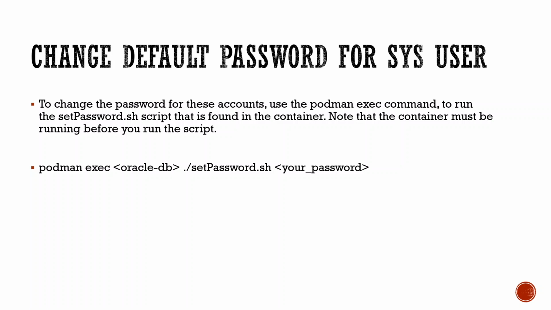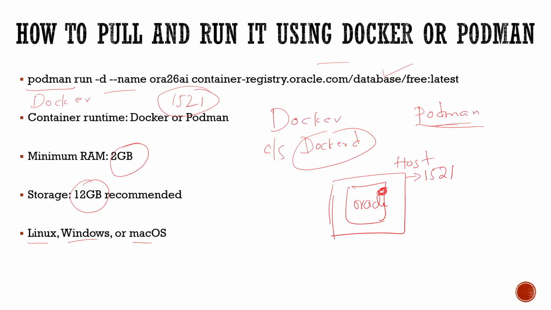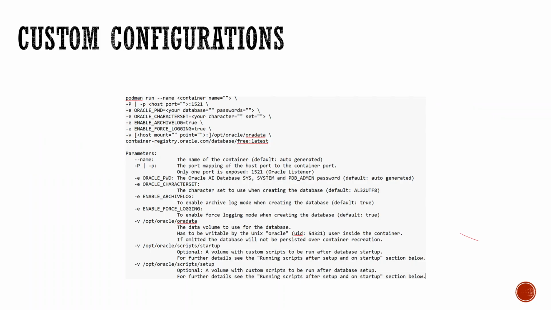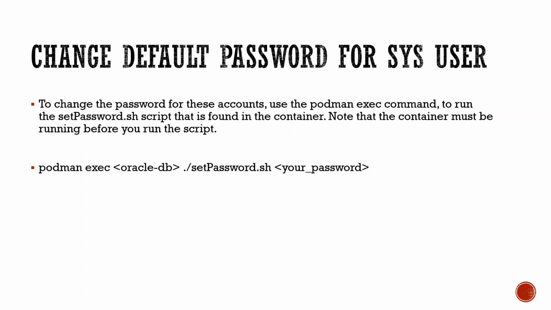In case you use the default way of installing, you can see that there is no option to provide the password. In that situation, you can use the command to change the default password for the SYS user. With custom configuration, you can have this particular parameter set to set the password while installing itself. That is the advantage of using configuration over the default installation method.